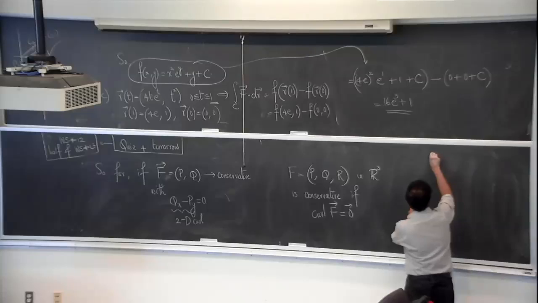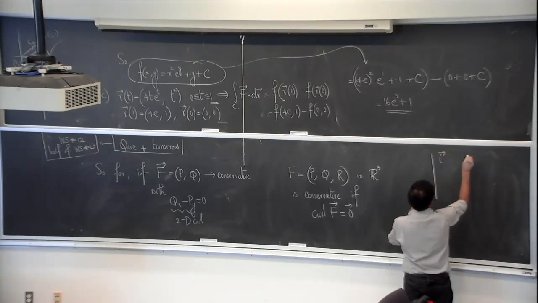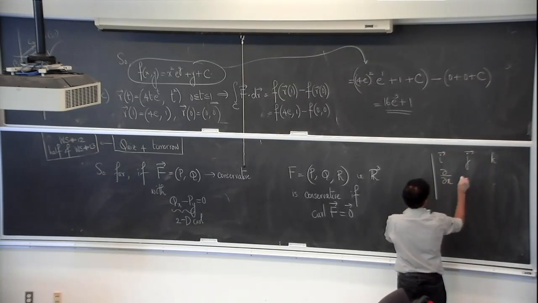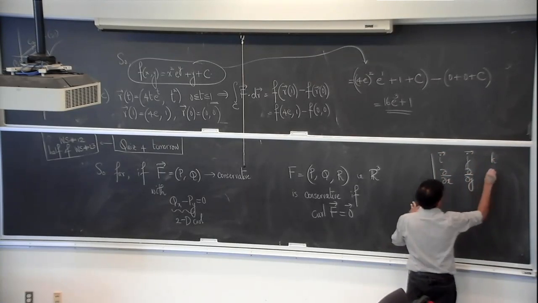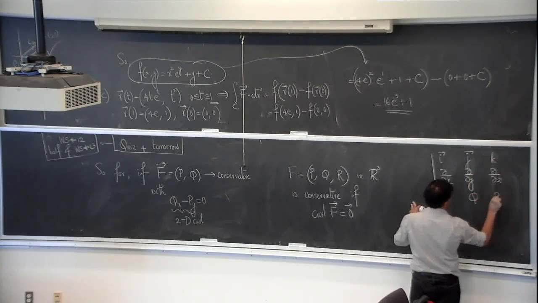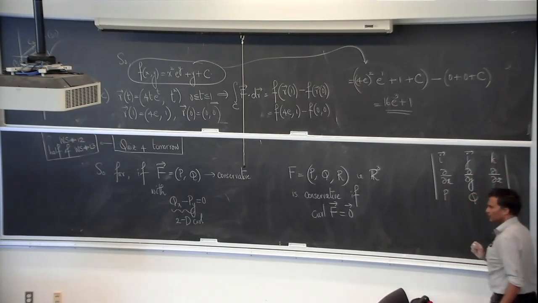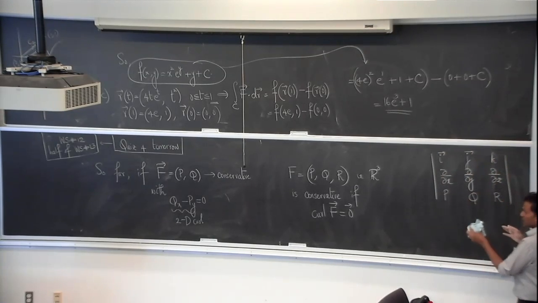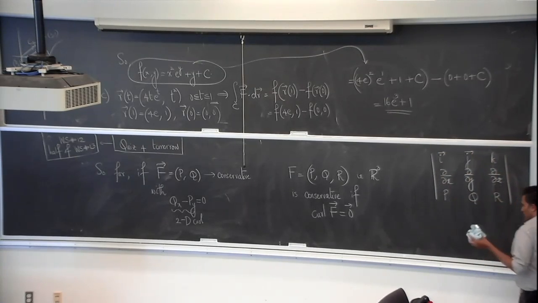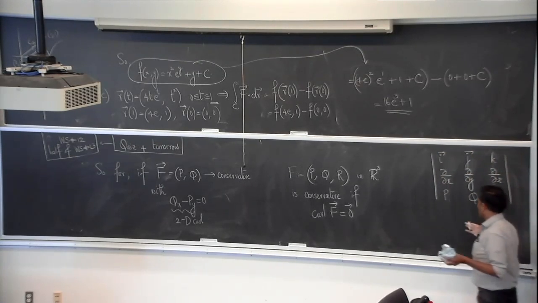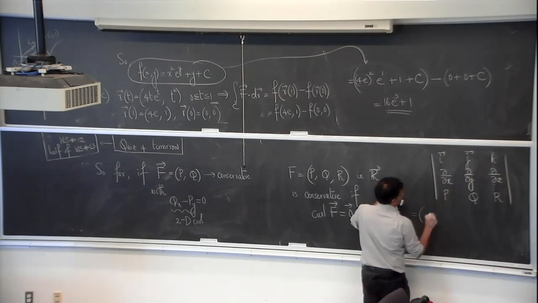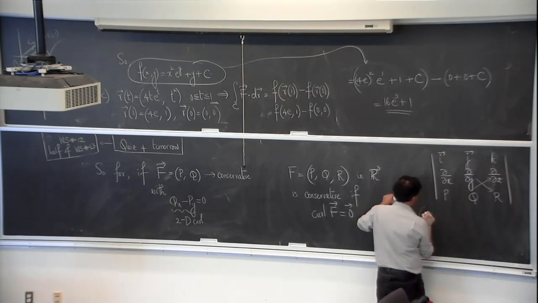So remember how we did that? The curl of F is i, j, k with the operator terms in the second row and P, Q, R in the third row. Either you could plug in those components into this last row and do it out one by one, or you could just evaluate this first and then check it out. So this is going to be i times Ry minus Qz.